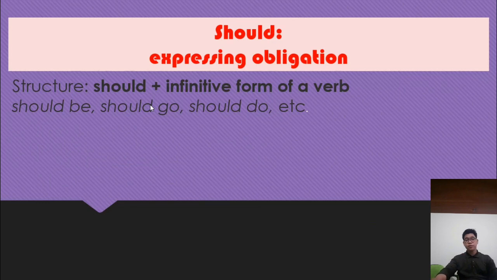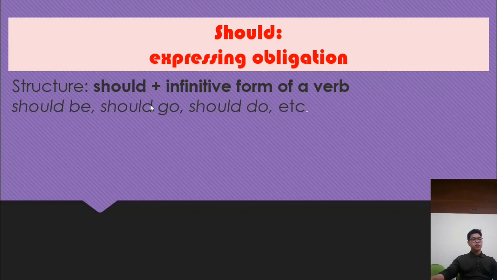The first one we have to see is should. Here, should is an expression of obligation. In another context, should is also used for suggestions and giving advice. But we focus on this modal verb.